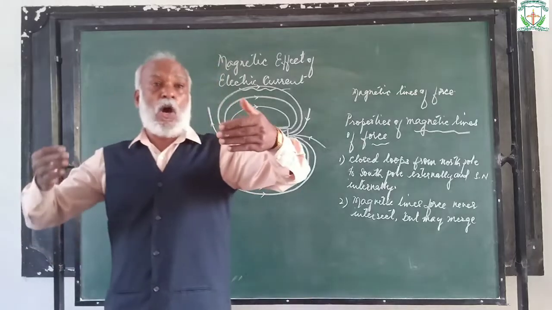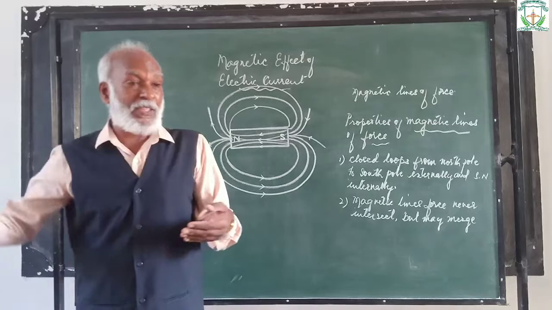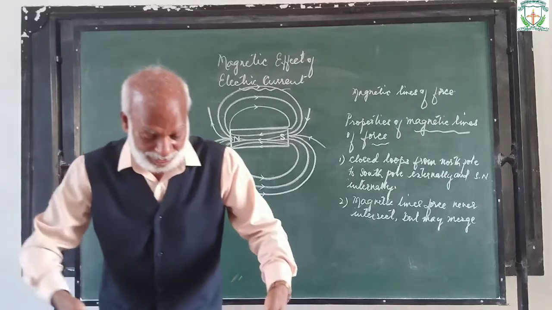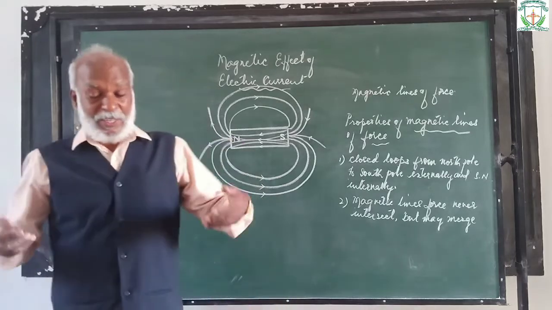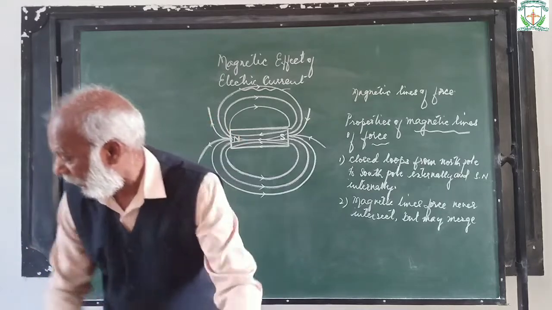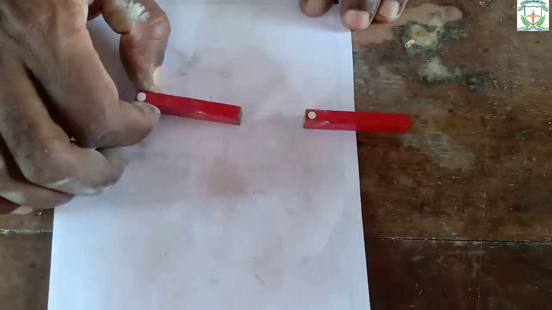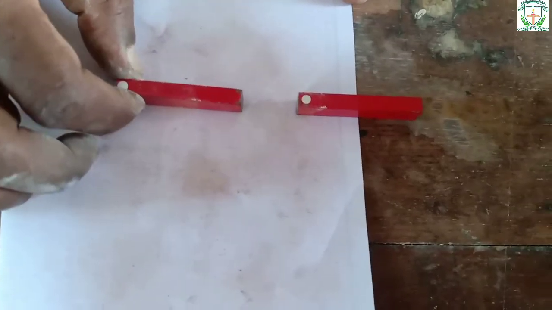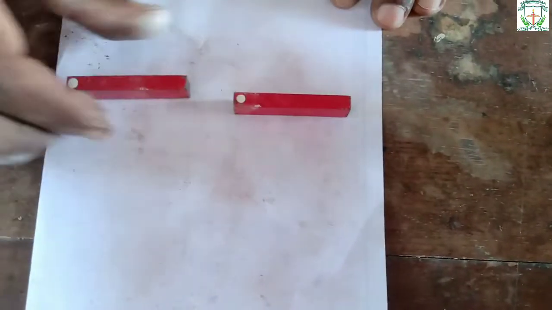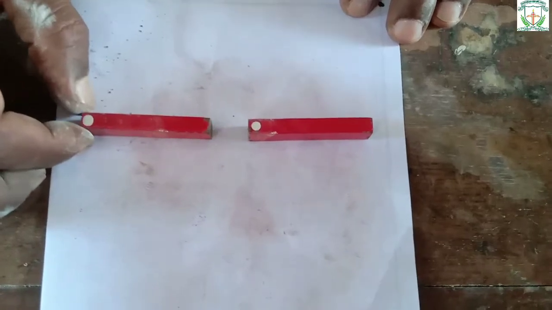If I bring the north pole of a magnet and the south pole of another magnet nearby, the magnetic lines of force merge with each other.